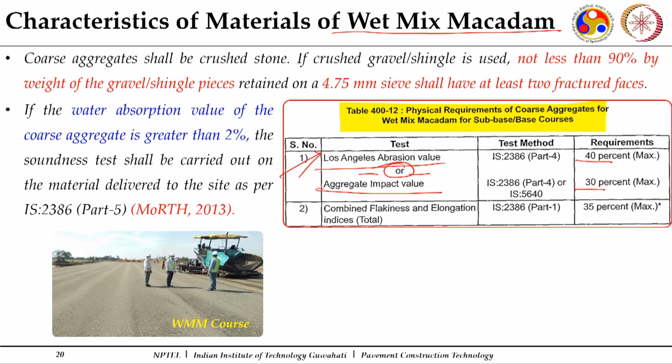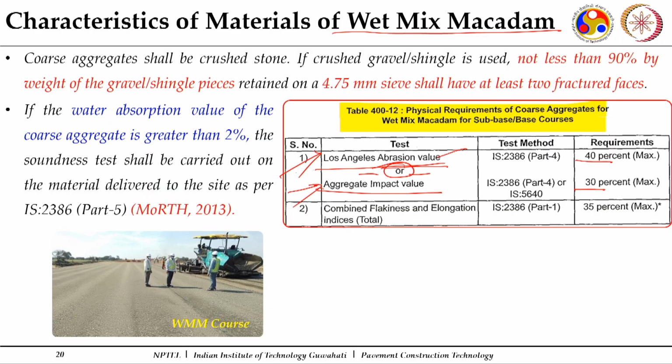If certain aggregates show higher water absorption, then aggregate impact value, especially wet aggregate impact value, could be quite useful. Otherwise, if the water absorption is within the limits, the Los Angeles abrasion value test is more preferred because in some manner it gives the abrasive as well as the impact forces during its measurement.